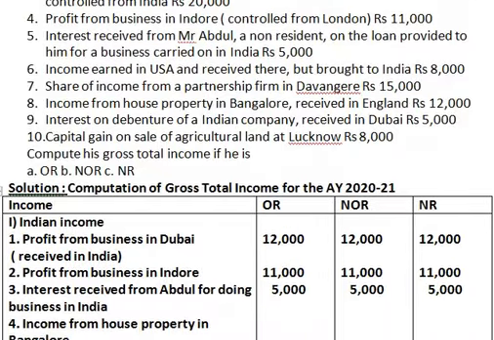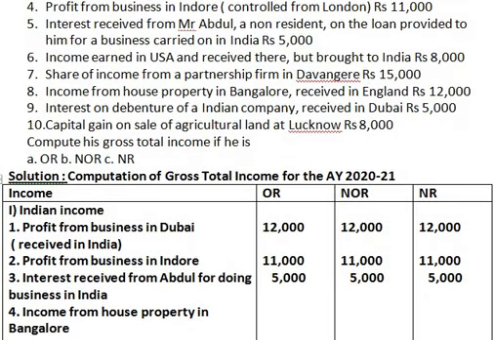Coming to the next part, after interest received from Abdul, the next Indian income is income from house property in Bangalore received in England. House property, see the 8th point in the question. Income from house property in Bangalore. House property is situated in Bangalore, that is in India. Base is India. Therefore, it being received in England is immaterial.